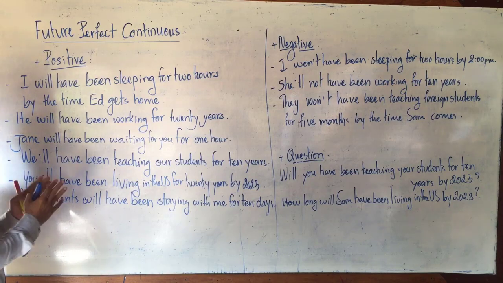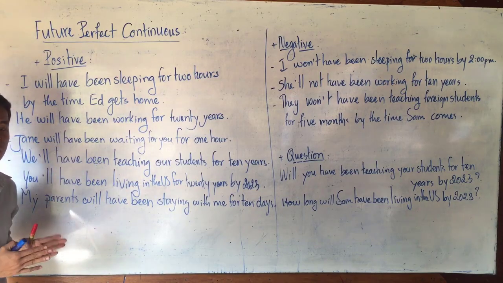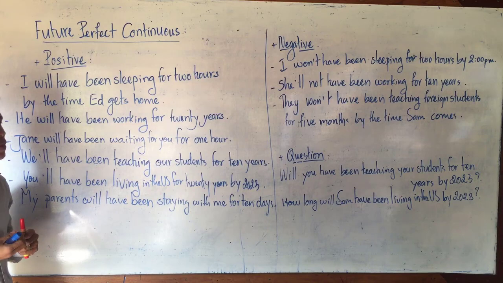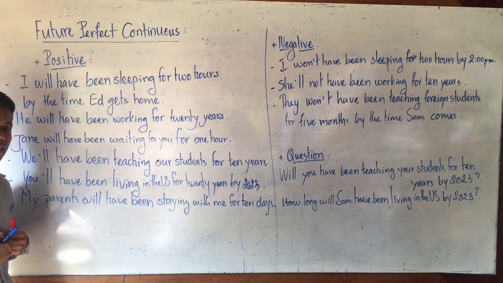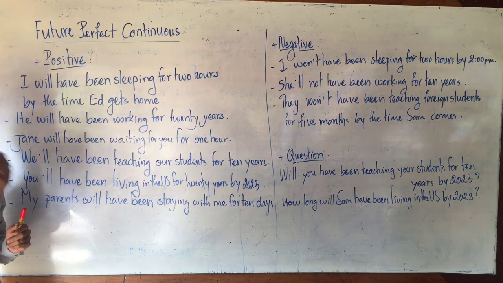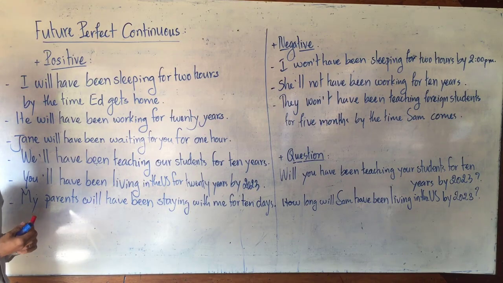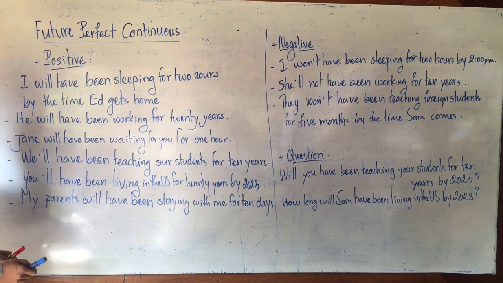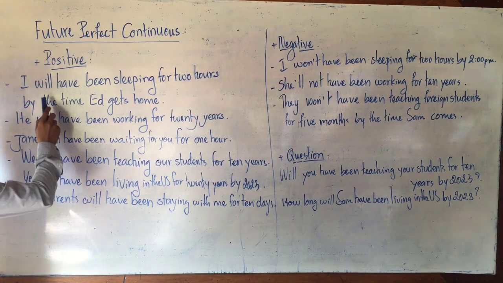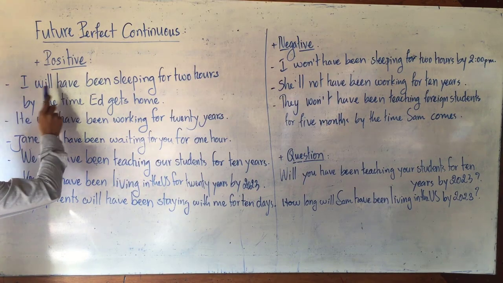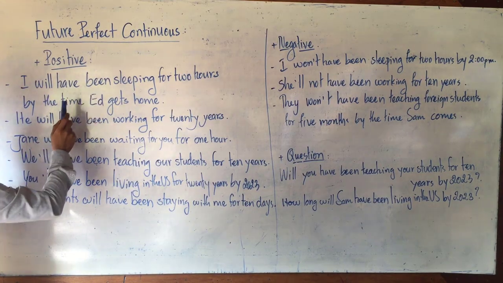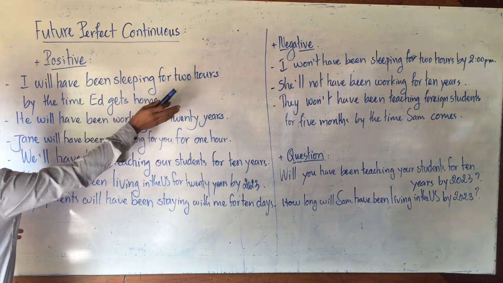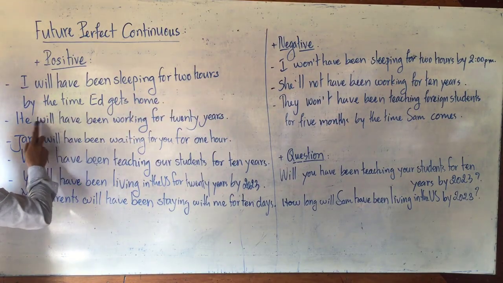After seeing all the examples here, I would like you to analyze with me. We really want to know what the form of future perfect continuous is. Well, I is the subject. After I we have will. After will we have have been, then verb-ing. We use for or by the time.